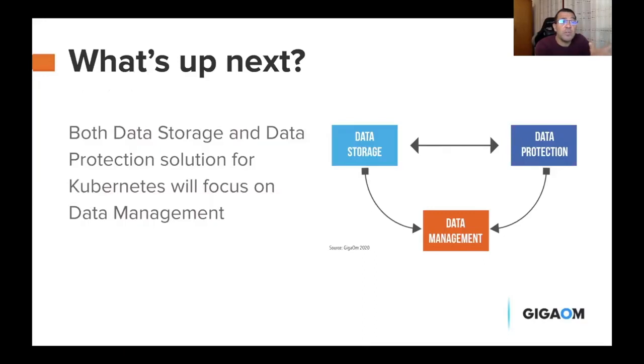If this is not true today, and of course I'm not talking about CSI compatibility, where you can provide snapshots, but actually advanced data management capabilities, it's true that all the vendors are working to improve the data management side of things. And we will see more and more solutions working on data management, because this is the real differentiator, and this is what users are asking for.